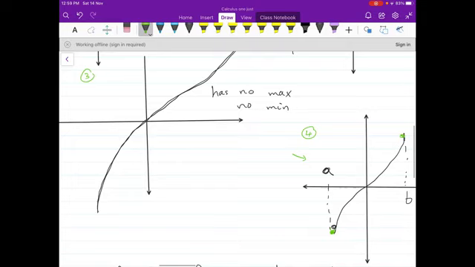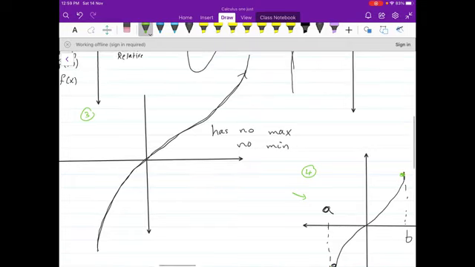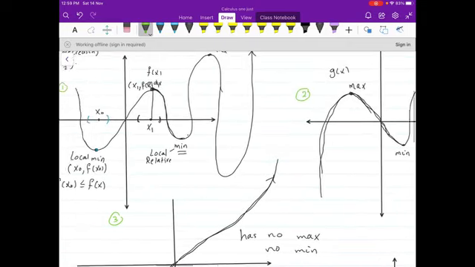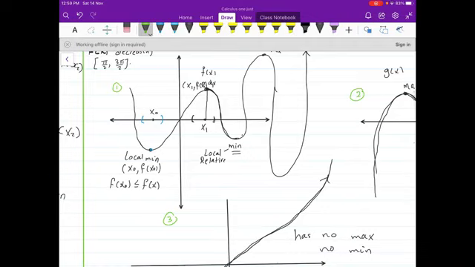So our question now: how to find a local max and a local minimum. If the function is decreasing, then increasing, it has a local minimum. And if the function is increasing, that means f prime is positive, then decreasing, it has a local max.